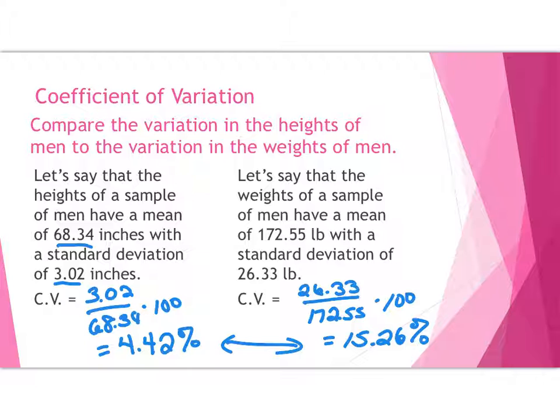So to say this variation is 4.42% between the standard deviation and the mean, the heights are much closer together. They have less variation. The weights have more variation.